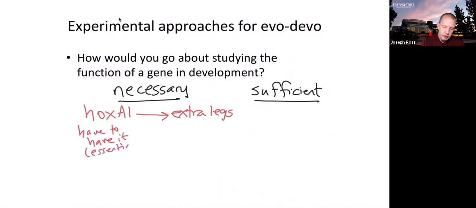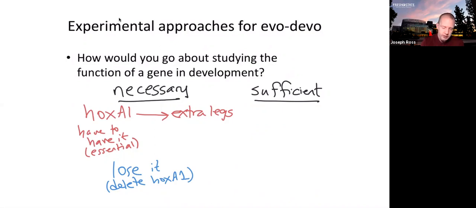So how does a biologist test this? Lose it. What developmental biologists might do is delete the HOXA1 gene, find a mutant of that organism, or these days use CRISPR-Cas9 or some other method to remove that gene from the organism.